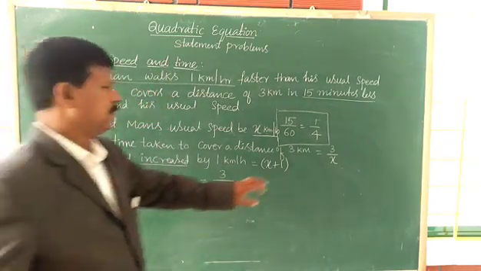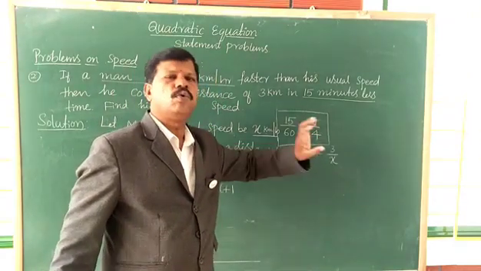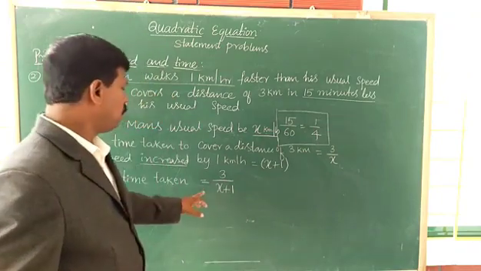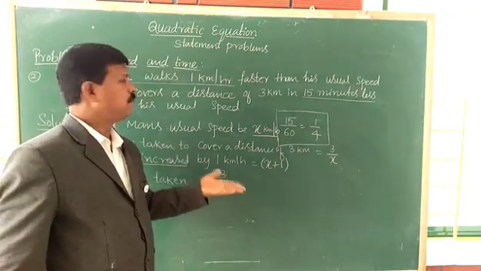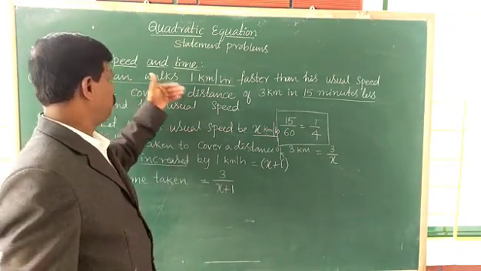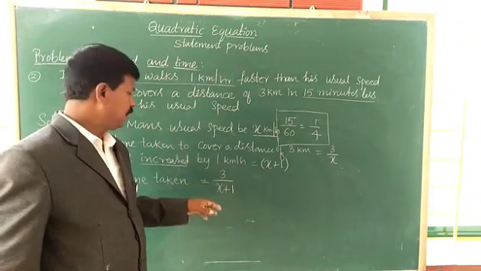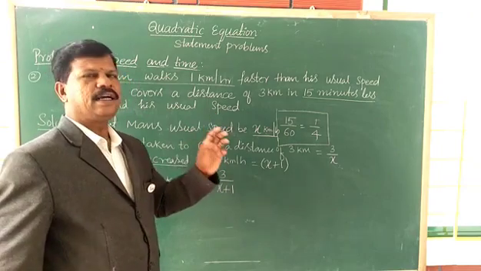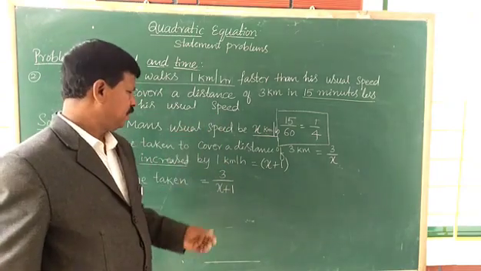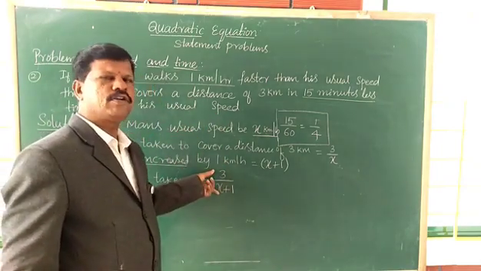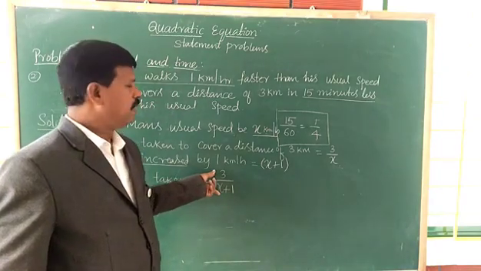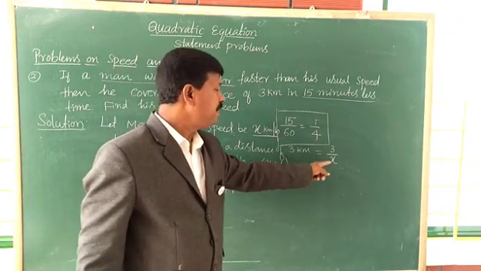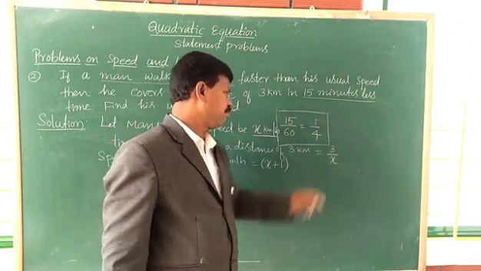Now look at this. This is the original time, what you are taking to reach the school. When you make your walk faster, then you are taking 15 minutes less. So this is the time taken when your speed is increased. This time is equal to 15 minutes less than this time.